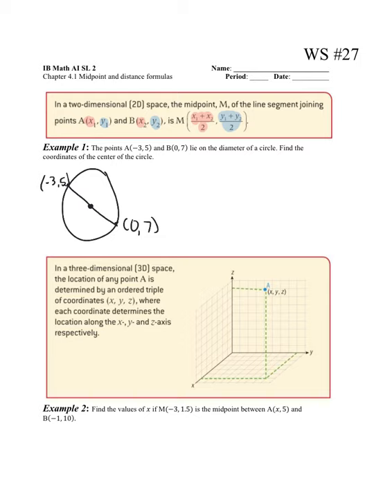So you do the x values, -3 plus 0 divided by 2. The y values, 5 plus 7 divided by 2. And that's how we'd find the midpoint. And we'll just call it point C for center.